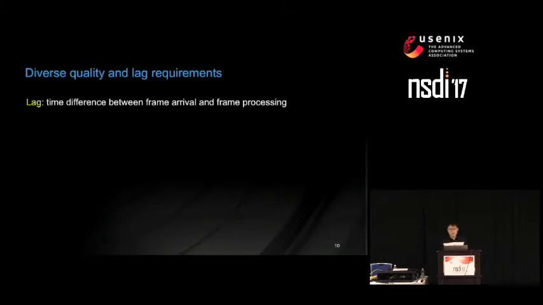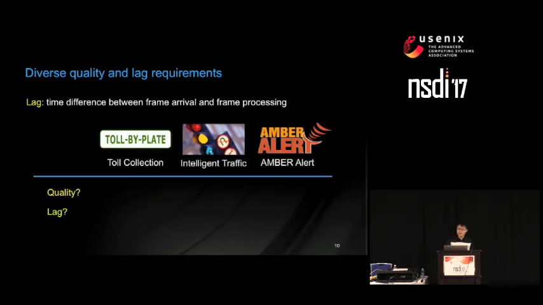While many queries require producing results in real time, some queries can tolerate a lag, which is the time difference between the arrival and processing of a frame. In fact, video analytics queries have a wide variety of different quality and lag requirements. For example, license plate readers at toll routes typically require high quality results but can tolerate a lag of even hours because the billing must be accurate but can also be delayed.